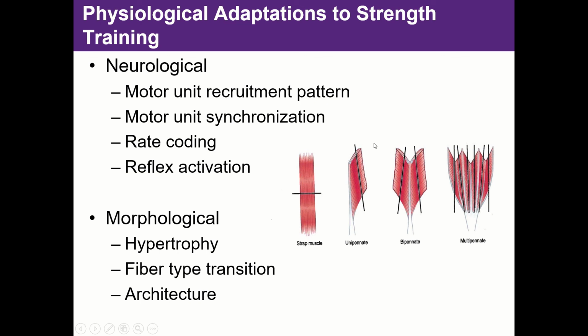The way the architecture changes is as this muscle cell increases in size, that is going to increase its angle of insertion here. And when we increase its angle of insertion, that's going to pull on the tendon a little bit. As we pull on that tendon, it's going to pull on its insertion across whichever joint it crosses.